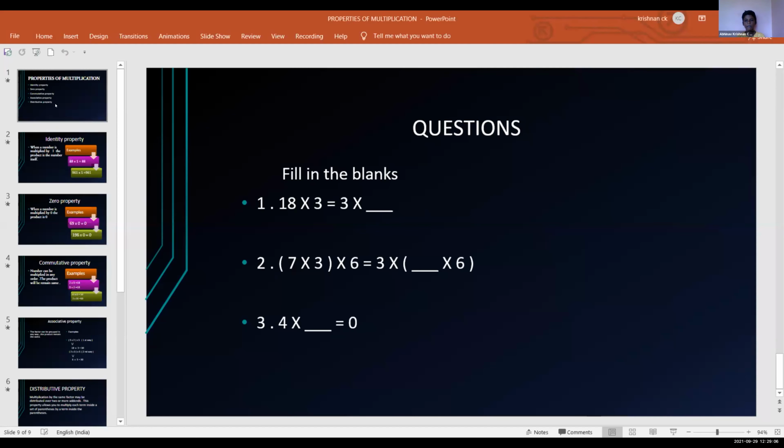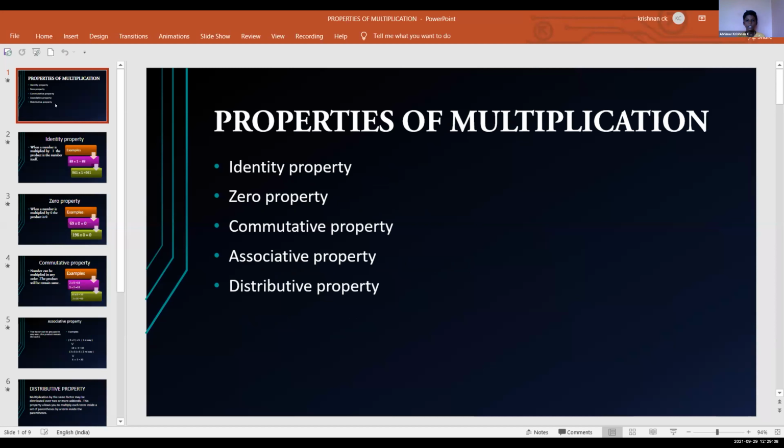Good morning, everyone. Today we are going to discuss the topic properties of multiplication. There are 5 properties of multiplication: identity property, zero property, commutative property, associative property, and distributive property.